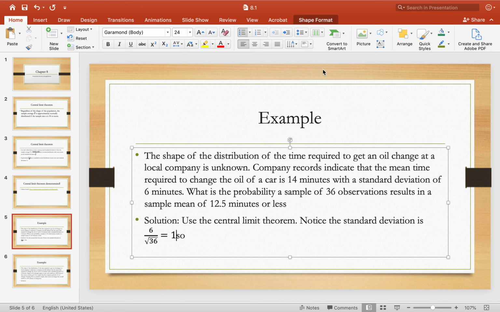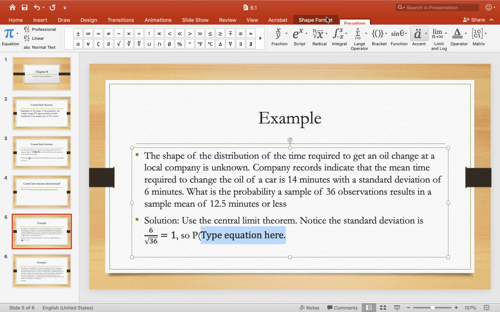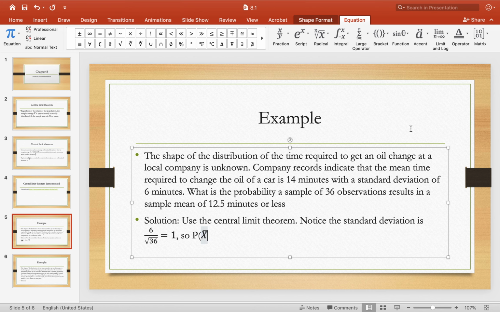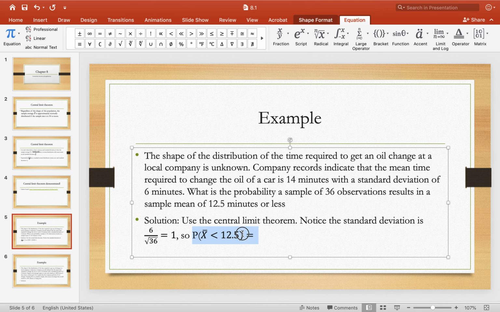So if I want to calculate this probability, I'm going to do probability, the sample average, okay, is less than 12.5. Well, I said I want to use the central limit theorem, so let's make the central limit theorem.